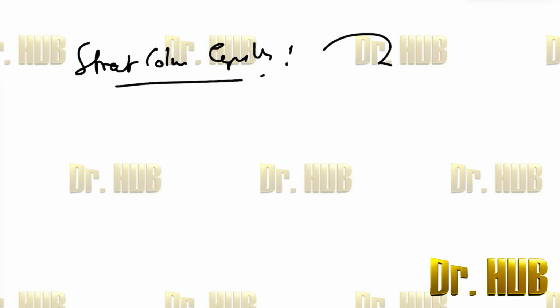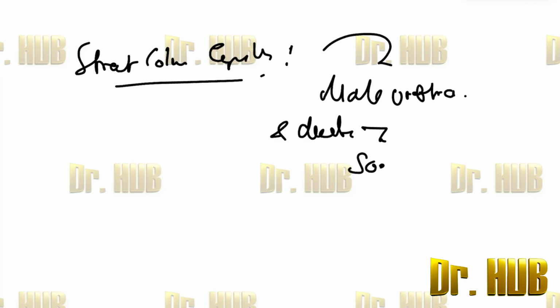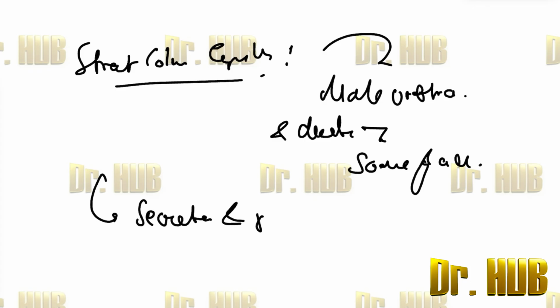It includes the male urethra and the ducts of some glands. To recap, the stratified squamous lines the esophagus, mouth, and vagina, and the stratified cuboidal is in the sweat glands, salivary glands, and mammary glands. The function of the stratified columnar is that it secretes and protects.